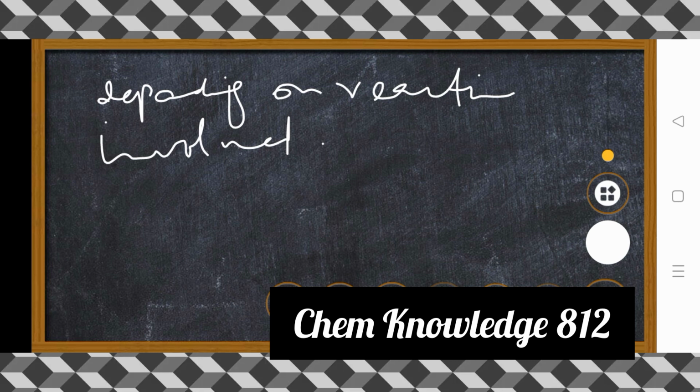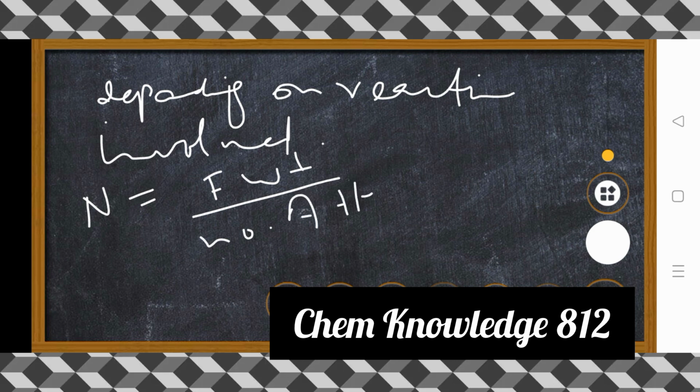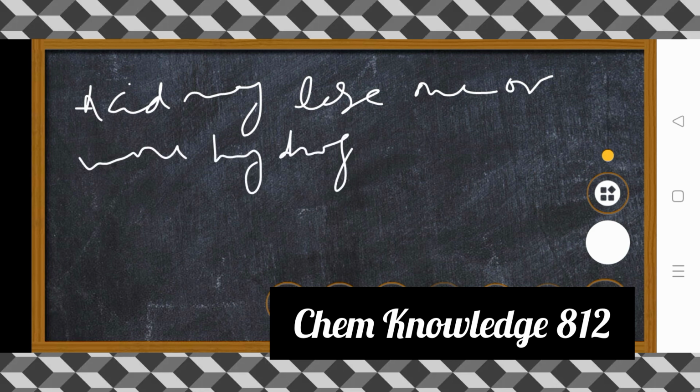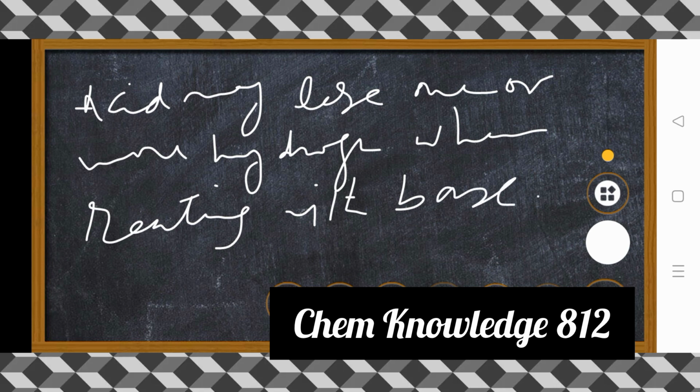So here we have noted the formula weight divided by the number of hydrogens lost. An acid may lose one or more hydrogens when reacting with the base.